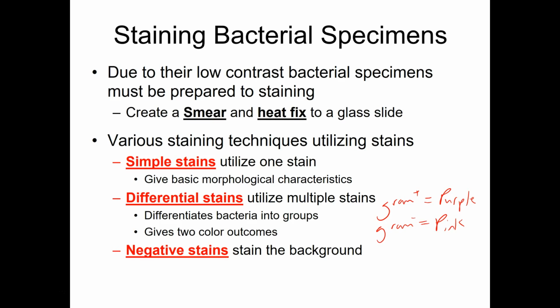If you get purple cells, you know they're gram-positive. If they're pink cells, you know they're gram-negative. We'll see a few other of these differential stains in lab as well. Negative stains, we only get to see once. They're pretty rare. Here you'd stain the background of the slide instead of staining the bacteria.